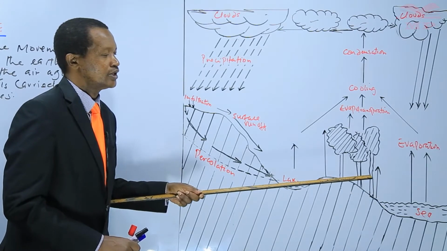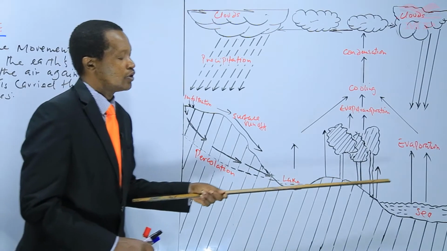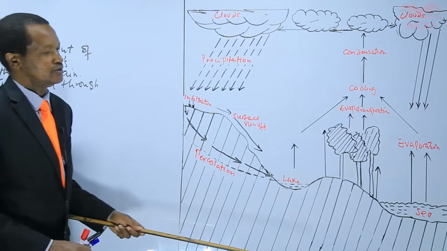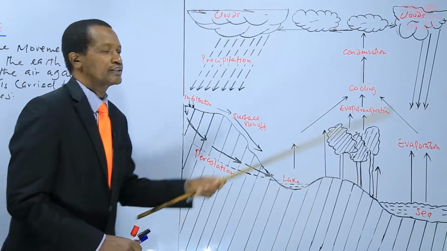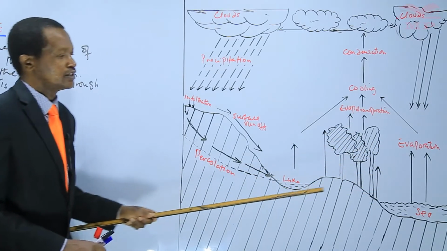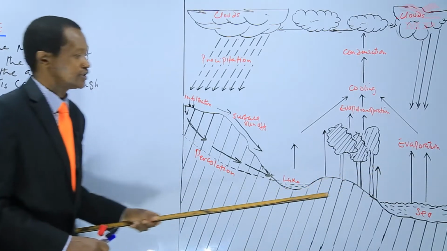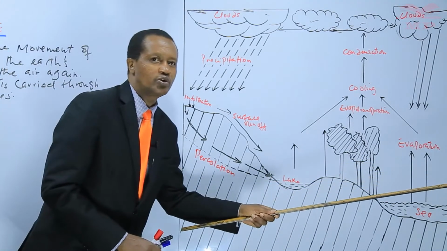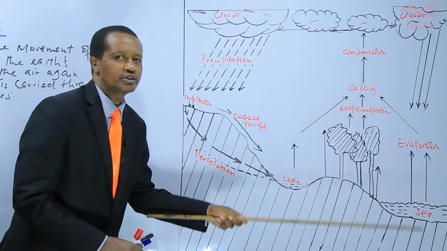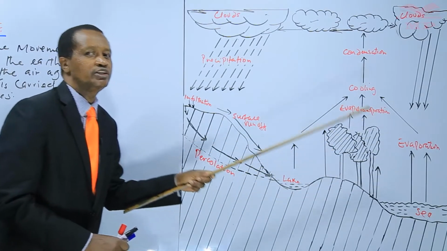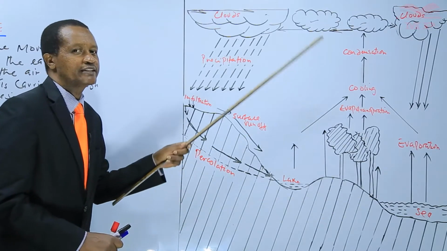Now, learners, we are talking about open water surfaces. The sea is an open water surface. The lakes are open water surfaces, like this one here. The rivers, the ponds, the swamps. The water is changed into water vapor by the sun's heat.